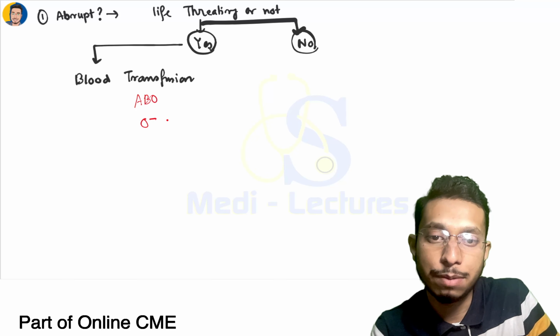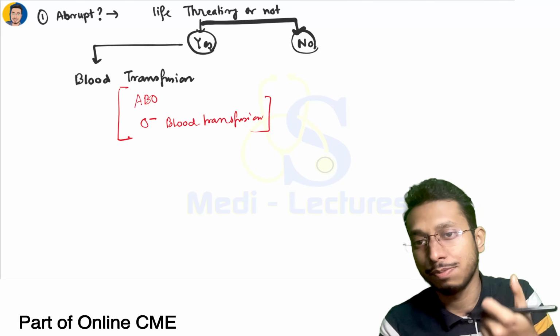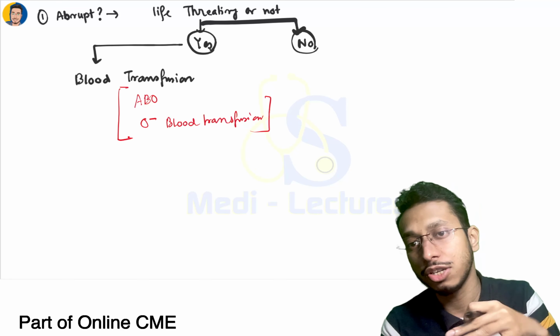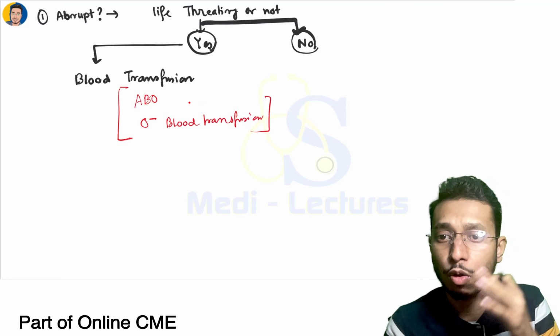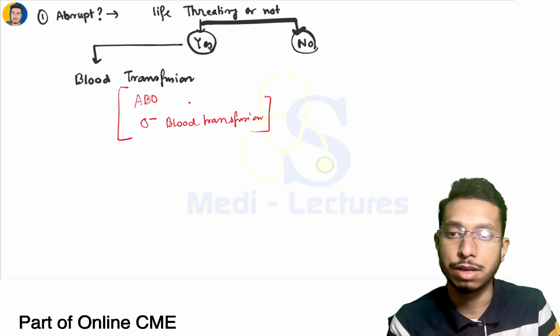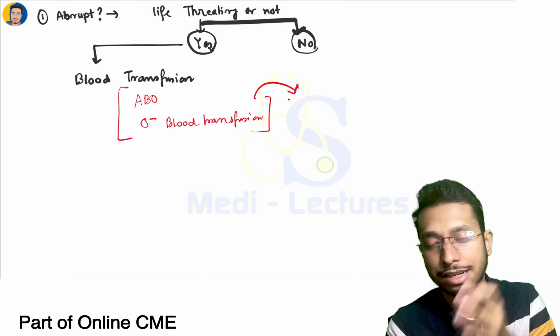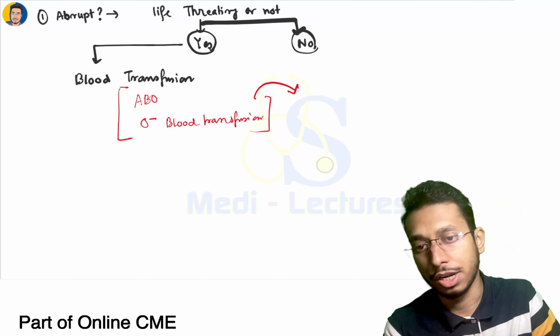See, whatever blood we are giving to this patient, if autoimmune antibodies are going to target this blood cell, the blood which you are transfusing will also get lysed, right? So cross-matching is not required in such cases. Just transfuse ABO compatible or O negative blood to the patient, and the rationale is to save the patient and bring the hemoglobin to at least a target level, which will buy us some time for going for the main treatment modality.